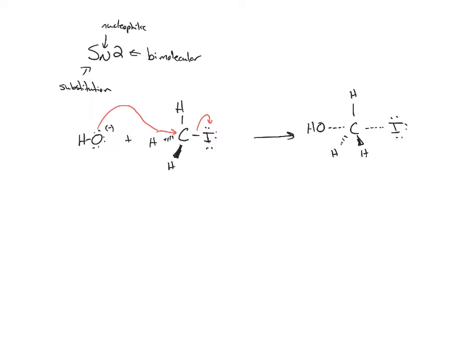So as one bond is forming, our other bond is breaking at the same time, okay? For an SN2 reaction, the attack of the nucleophile and the loss of the leaving group play a very important role. Both of those tell us how much energy is needed for the rate determining step, okay?